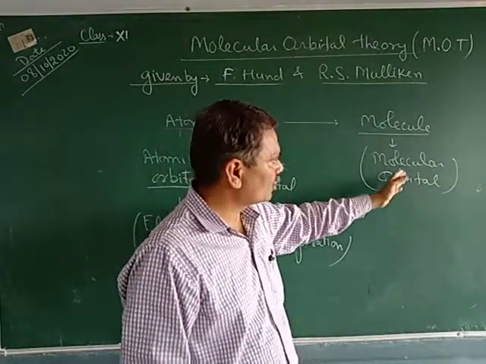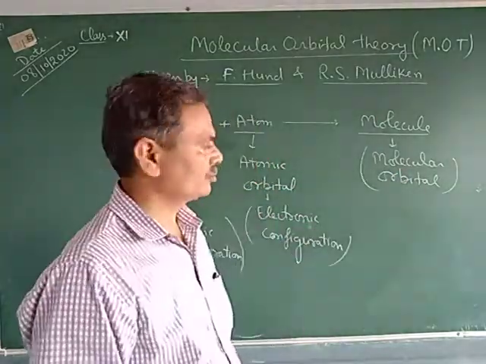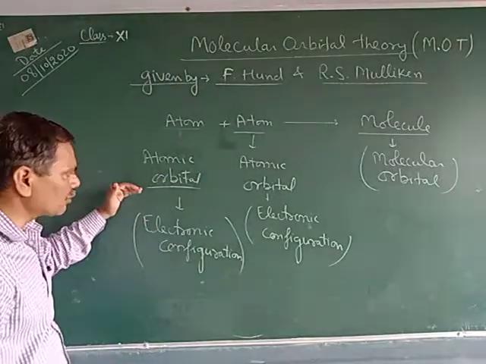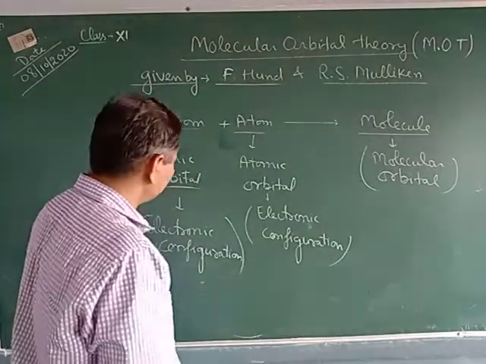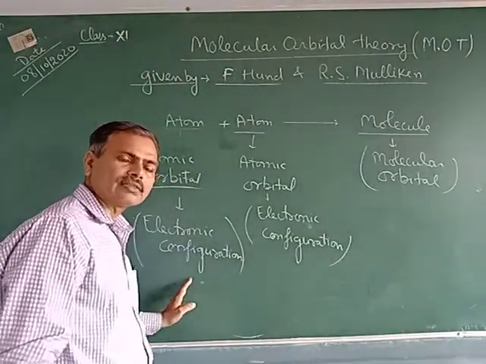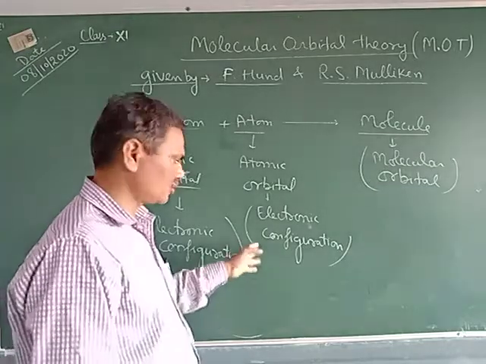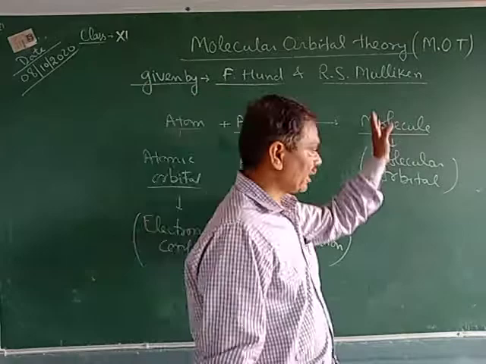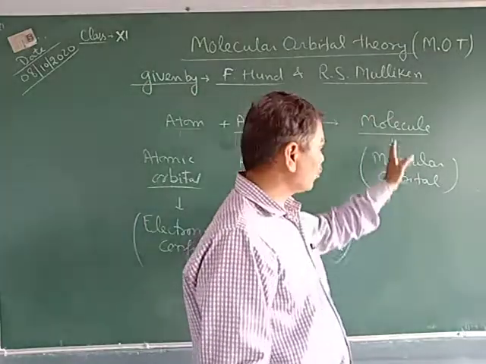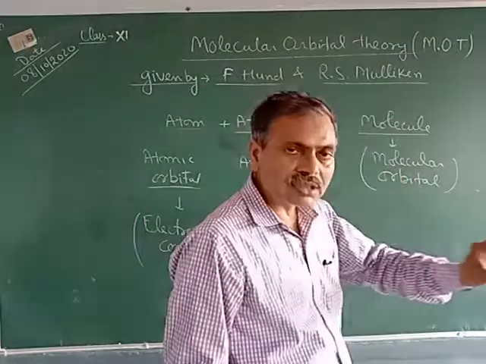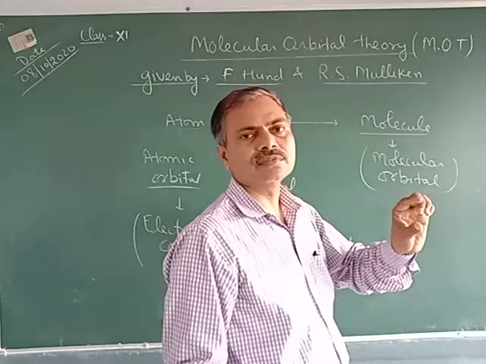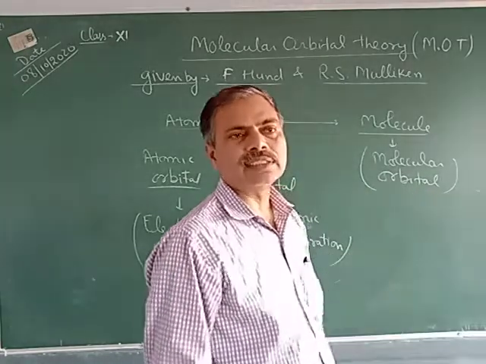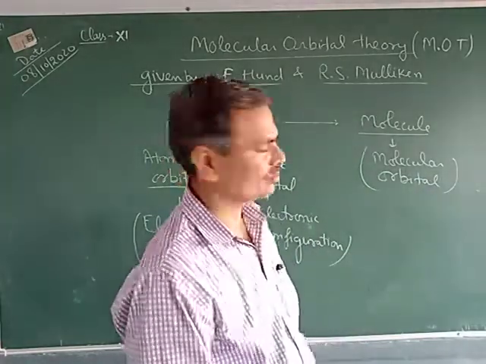In the case of a molecule, there is a molecular orbital. When we study the atomic orbital, we learn the electronic configuration 1s, 2s, 2p and so on. In the same way, when we study the molecular orbital, there is also a distribution of electrons.